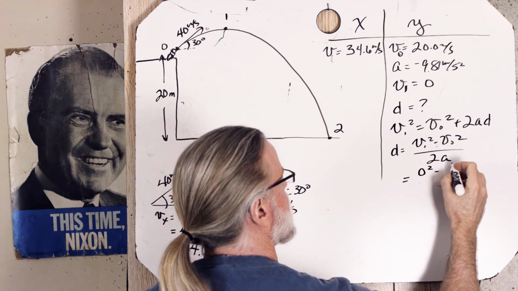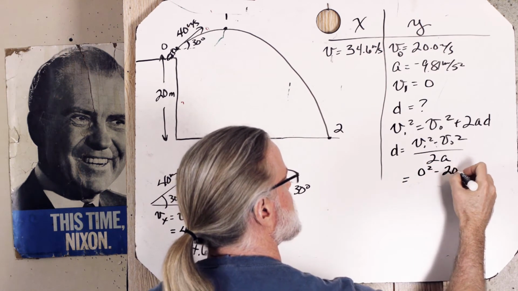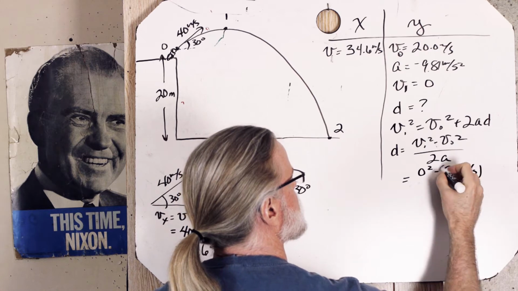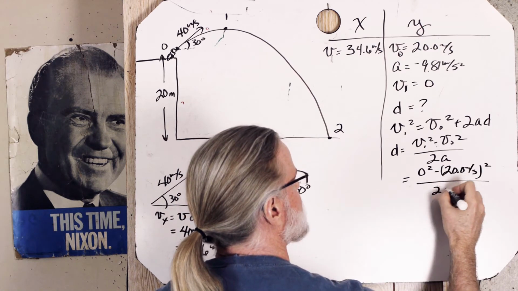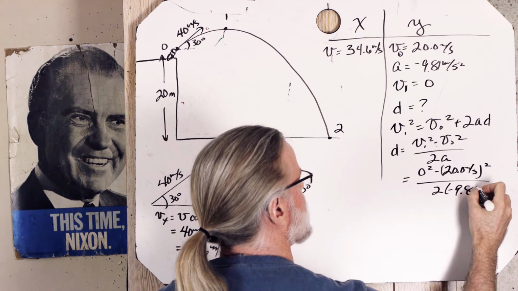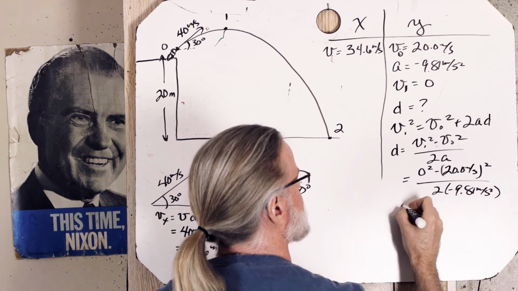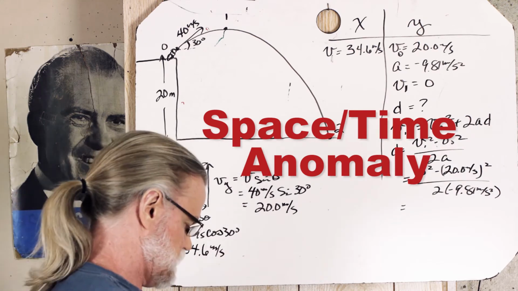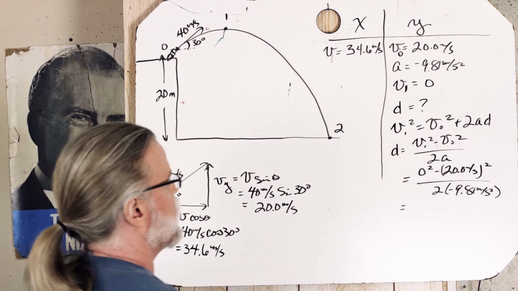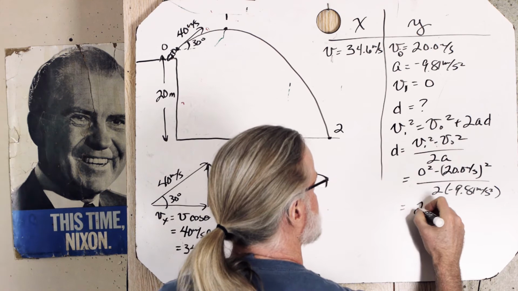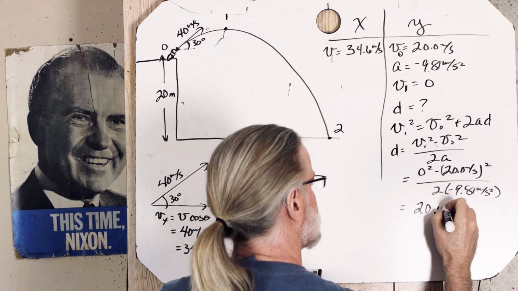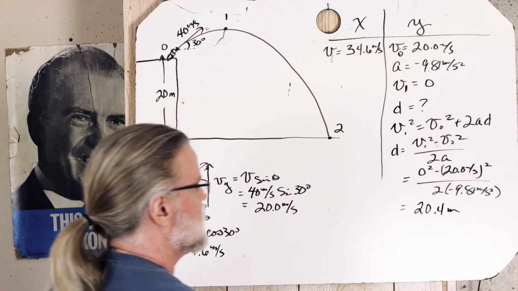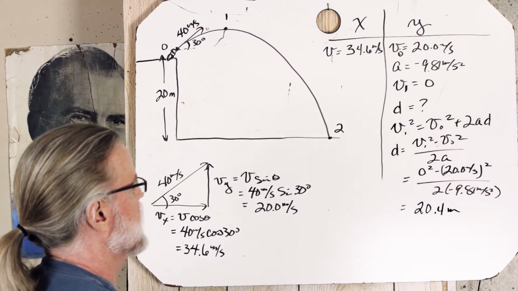That's 0 squared minus 20 meters per second squared, divided by 2 times negative 9.81 meters per second squared. That gives 20.4 meters, and I'm getting a positive value.